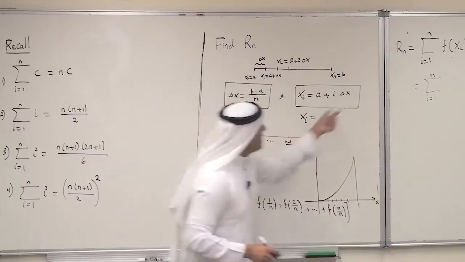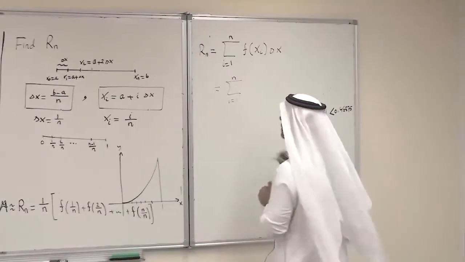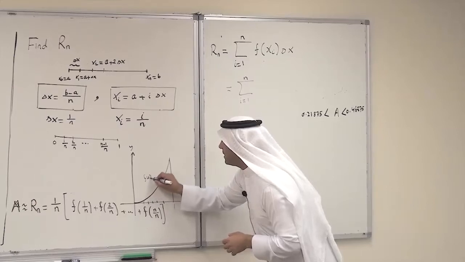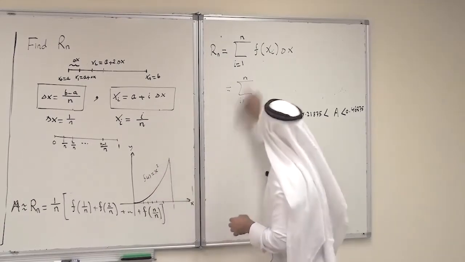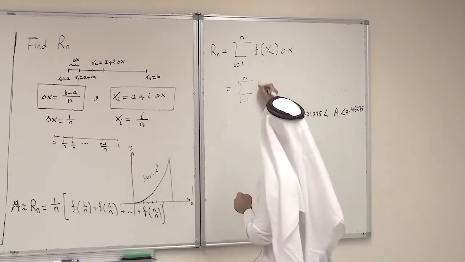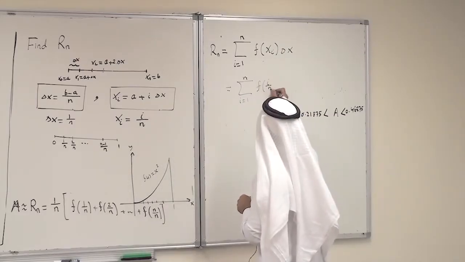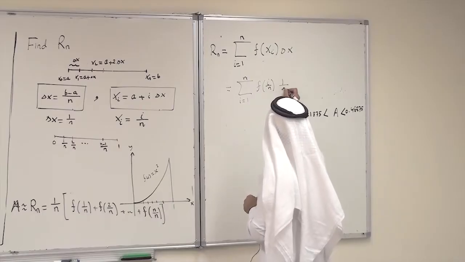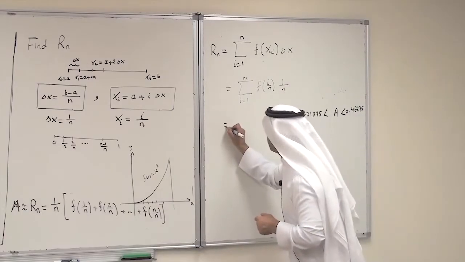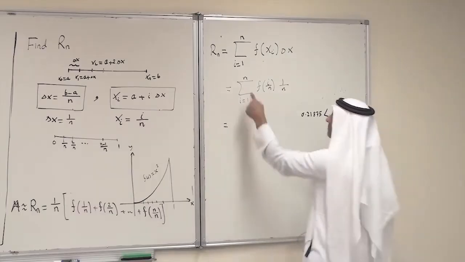Taking these two points and substituting in the formula we have here, that will give you what? The function, don't forget, f of x is what? x squared. So what are the f of xi's? It means f of i over n. f of i over n multiplied by delta x, that is 1 over n. Okay, fine. Look here. Our summation depends on i.